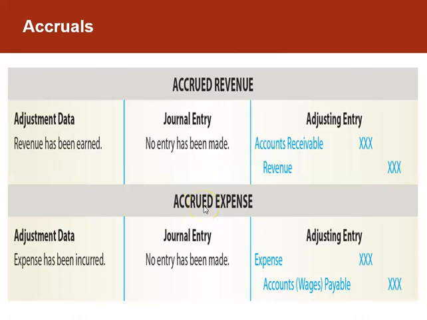Accrued expenses, same exact story as before. No journal entry has been made. Think about the wages for the 5-day period that we discussed, December 27th through December the 31st. We have incurred those wages, and so we will recognize that expense in the month of December, even though we're going to pay it in the month of January, okay?